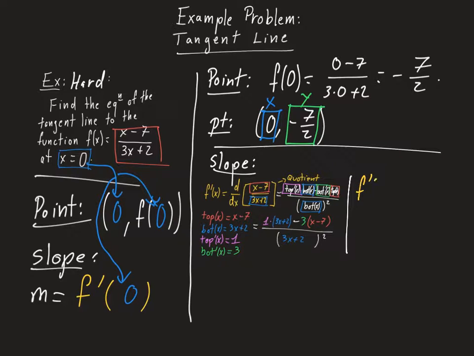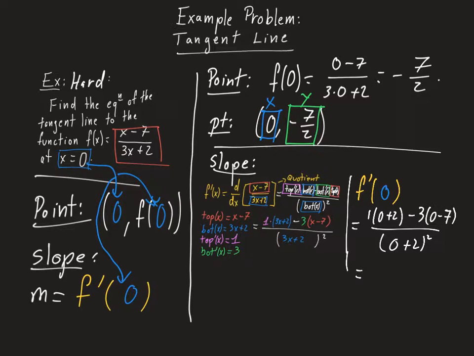If we plug in 0 into this derivative, we see that this is going to be equal to 1 times 0 plus 2 minus 3 times 0 minus 7, over 0 plus 2 squared.